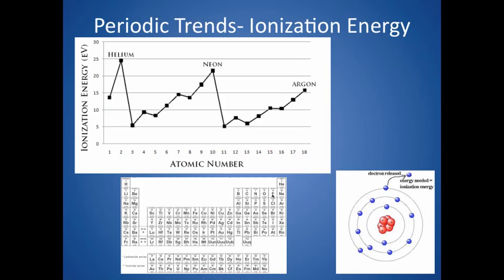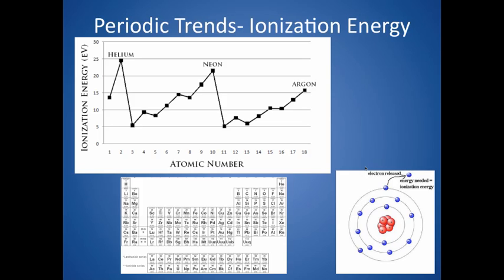And the reason for that, the higher you go up a group, the ionization energy increases, is that they're smaller elements. Smaller elements are going to hold on much more tightly to their electrons just because they're closer to the nucleus. So you could see here, this has a certain number of electrons. This outer electron is held somewhat strongly.